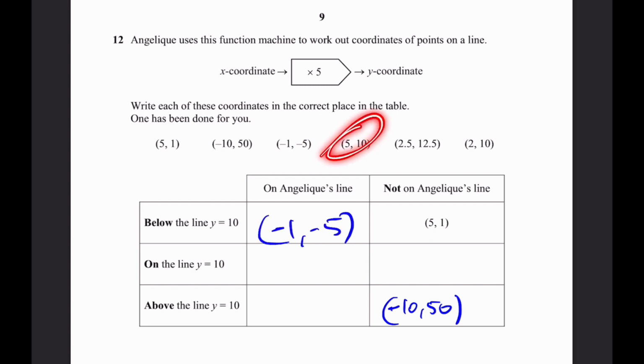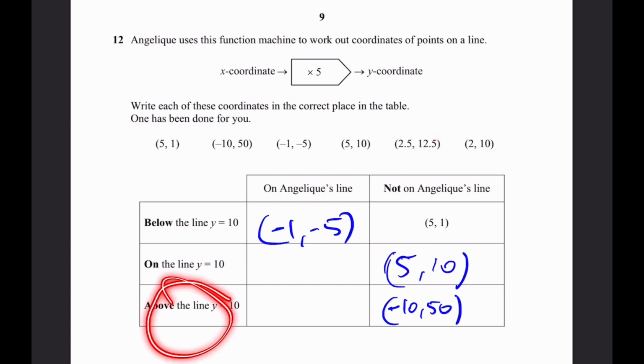Now 5, 10. Multiply 5 times 5, we don't get 10, it's 25. Therefore, it's not on Angelique's line. But then, since the y coordinate is 10, it is on the line y equals 10. So, the point is here. 2.5, 12.5. The y value is greater than 10, so it'll be above the line.